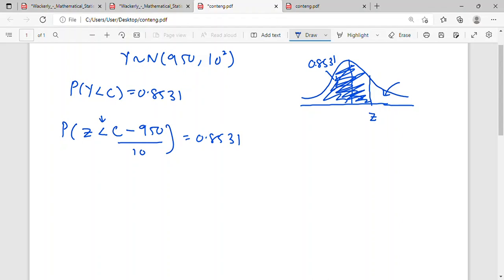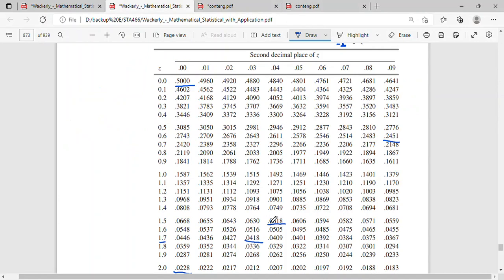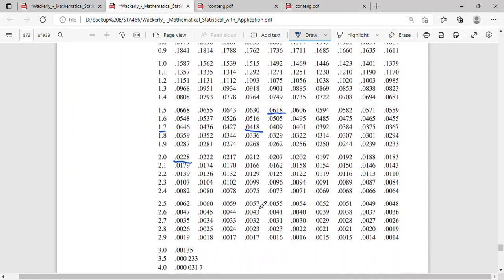So 1 minus 0.8531. So here is 0.1469. Find the value probability.